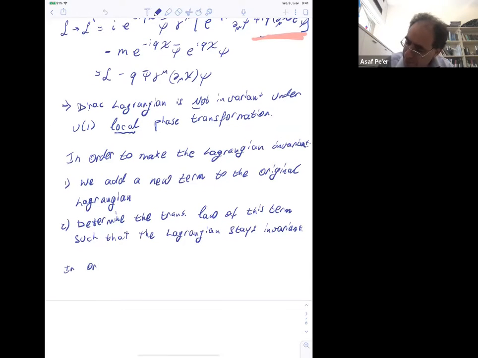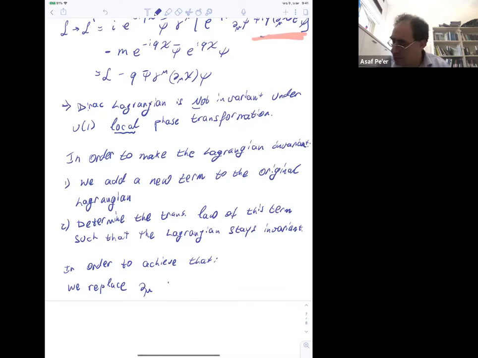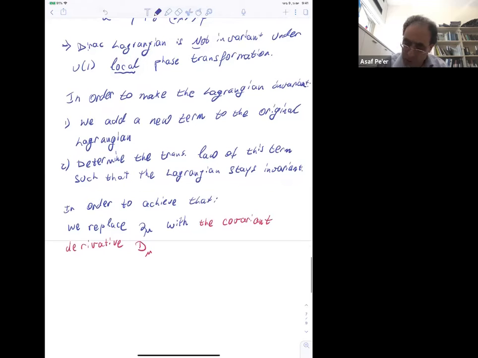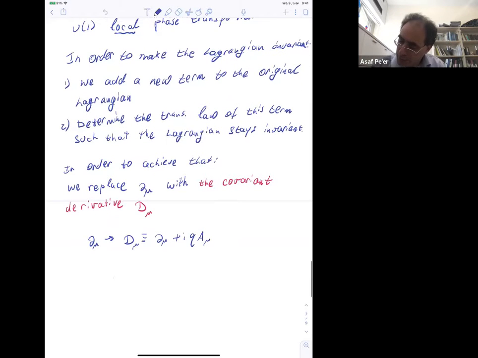To achieve that, we replace ∂_μ with what is known as the covariant derivative, and the symbol is capital D_μ. So ∂_μ goes to D_μ, which is equal to ∂_μ plus an extra term, which I'm going to write as iq A_μ. And A_μ here is a new field.